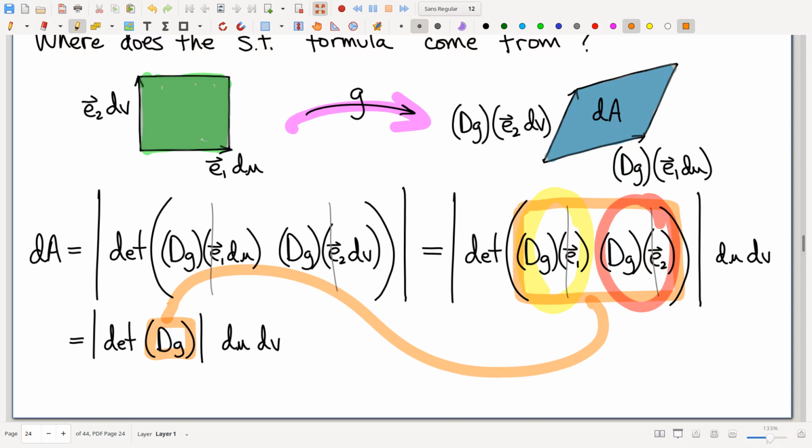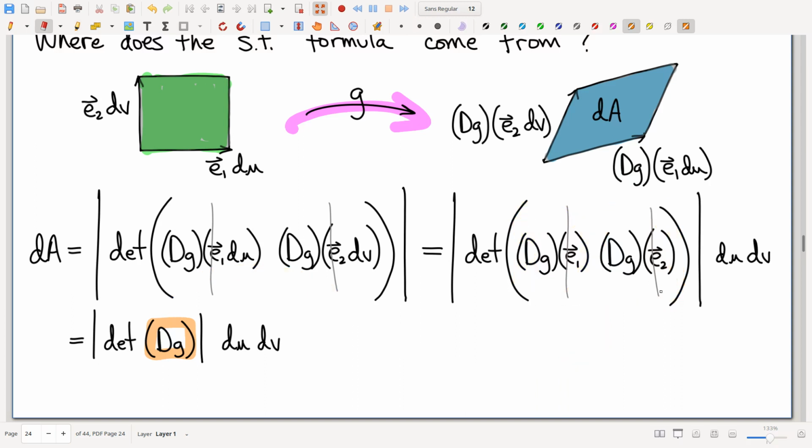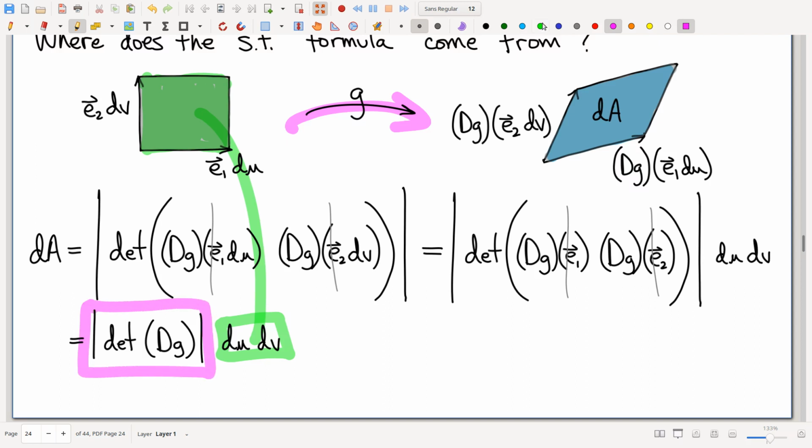Everybody on board? All right, so beautiful. So in fact, we are all done at this point. Notice that what we have here is that input area being multiplied by a factor to produce this output area.